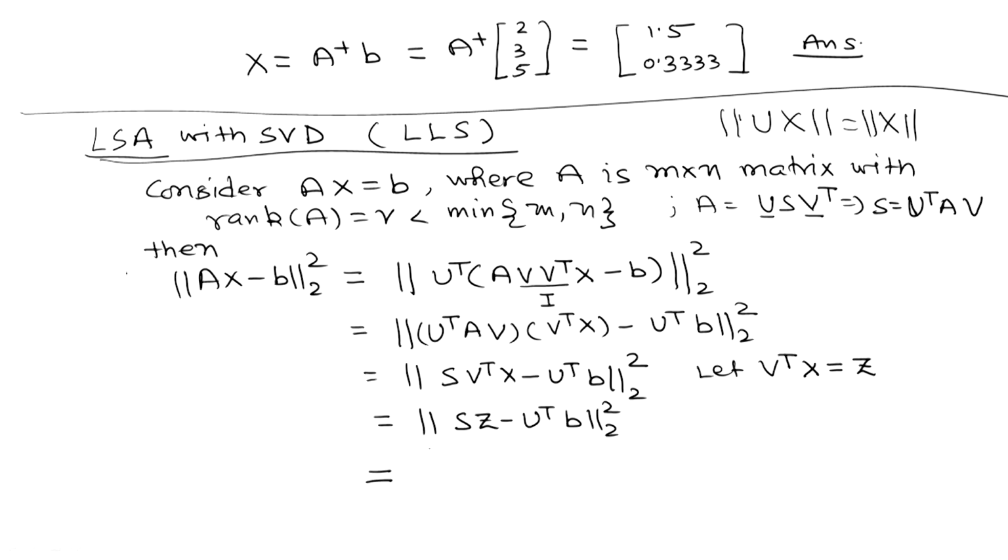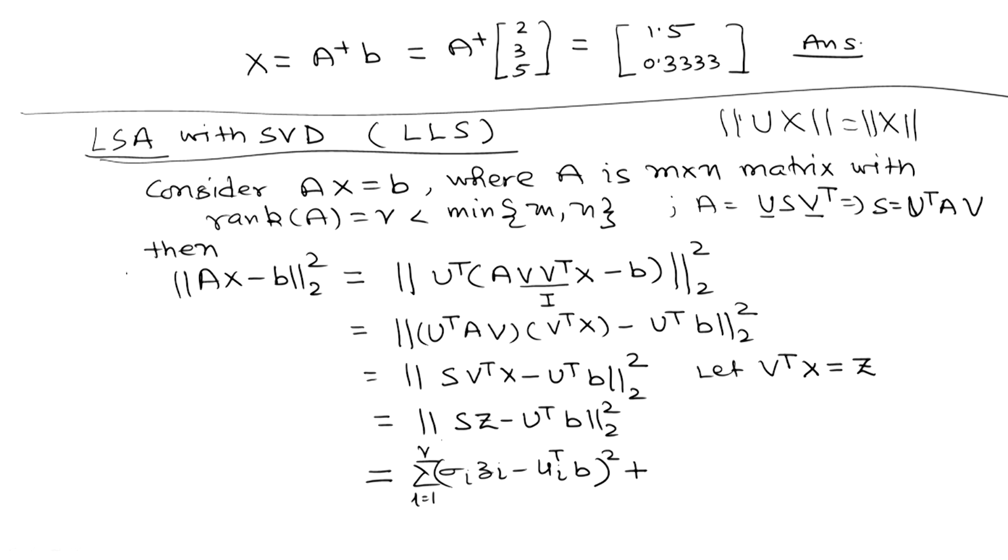If I open this norm, this can be written as the sum from i equals 1 to r of sigma i z i minus u i transpose b, where u i are the columns of matrix U, squared. And why am I taking up to r?